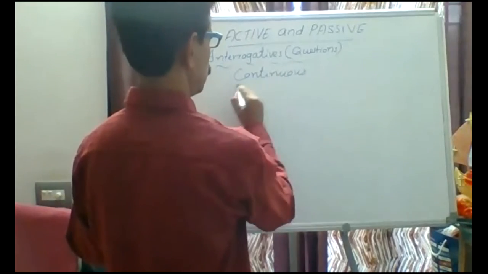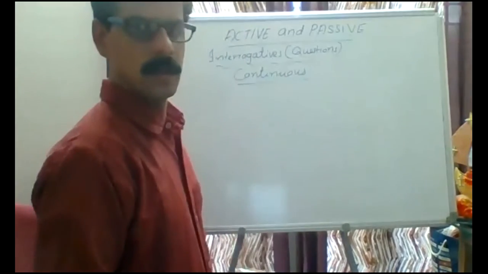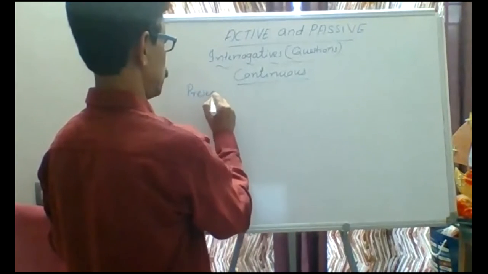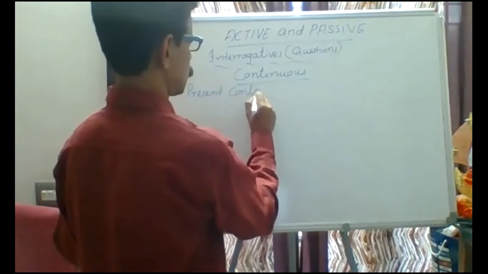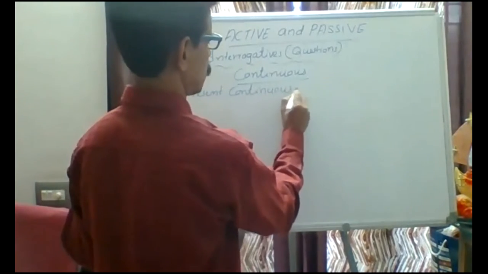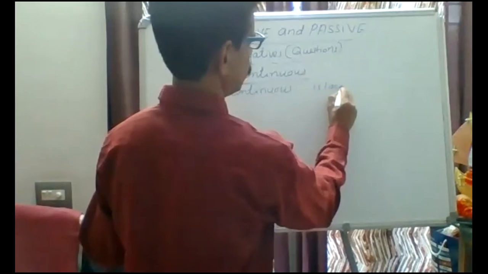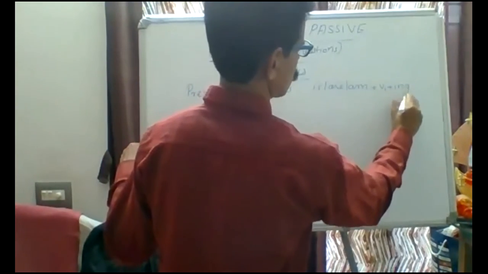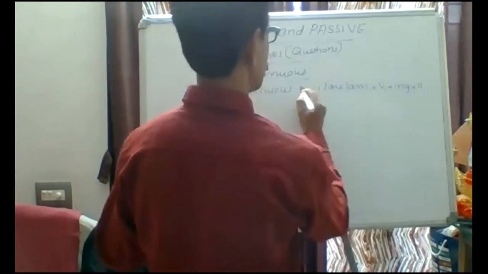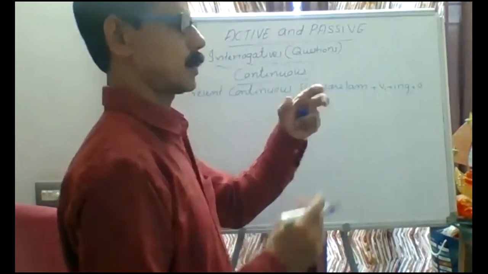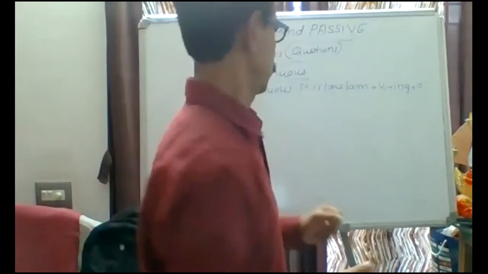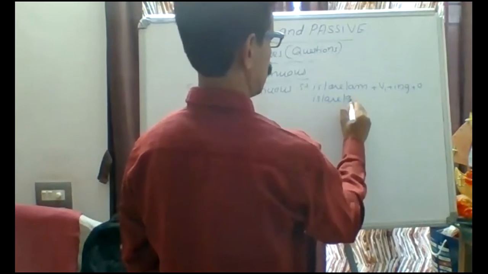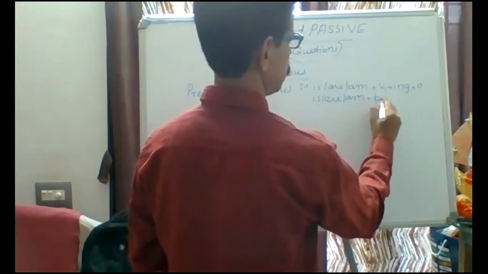Present continuous structure you already know: is, am or are plus V1 plus ing, then the object. The subject and object are common, so we can omit them temporarily. In passive, we keep the same is, am or are, plus be.